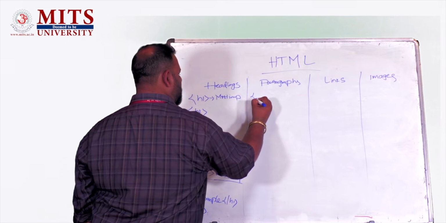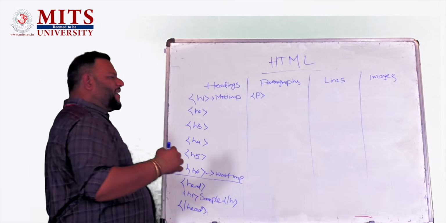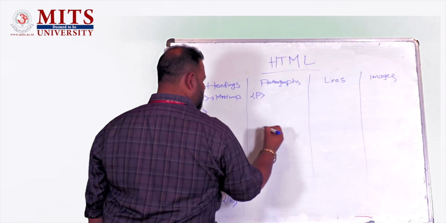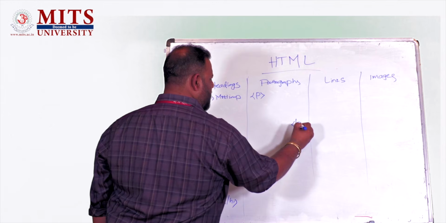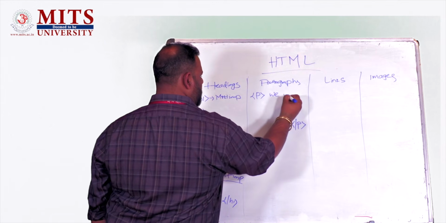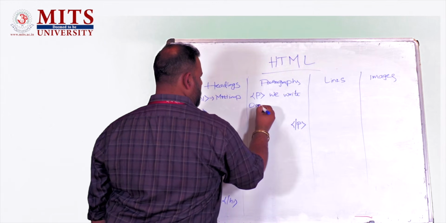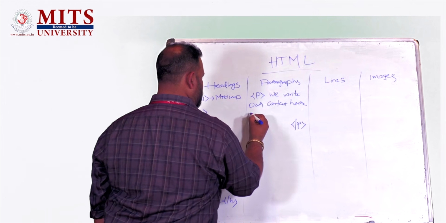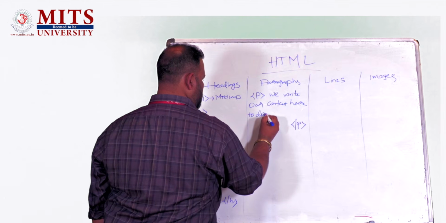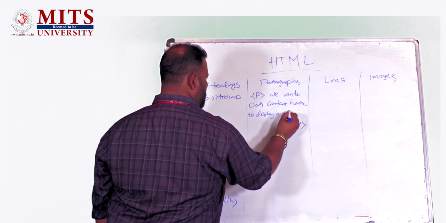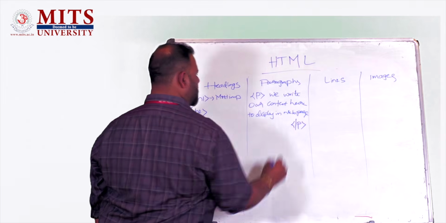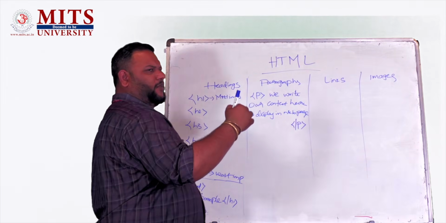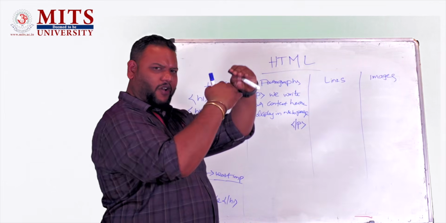And then comes the paragraph, and the tag to represent paragraphs is P. We open the tag and we close the tag. This will be the next section after the heading, visible to you in order.